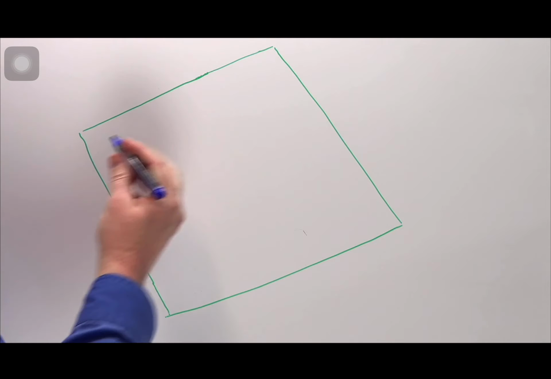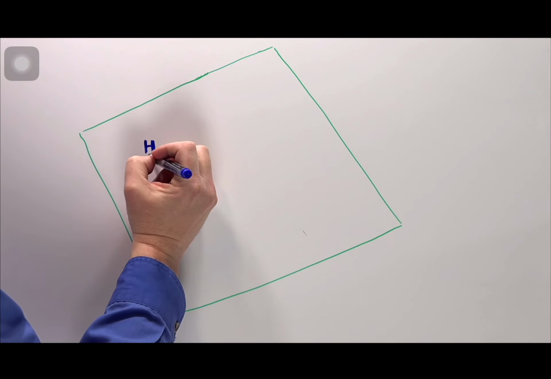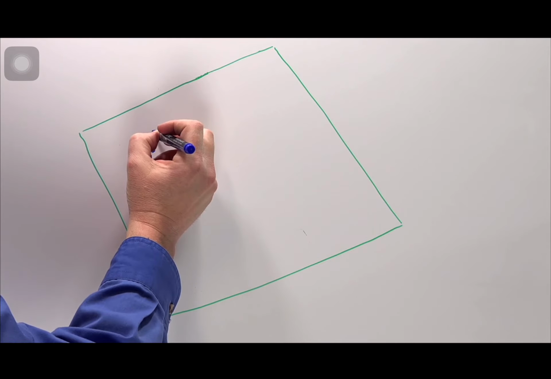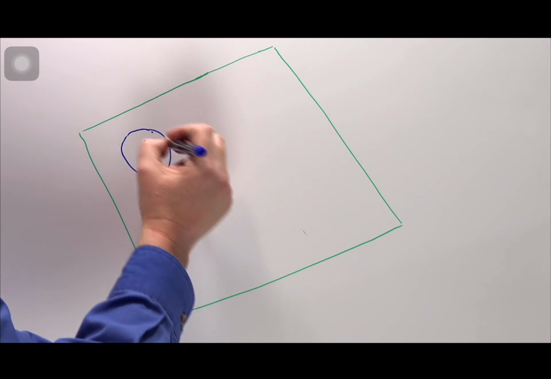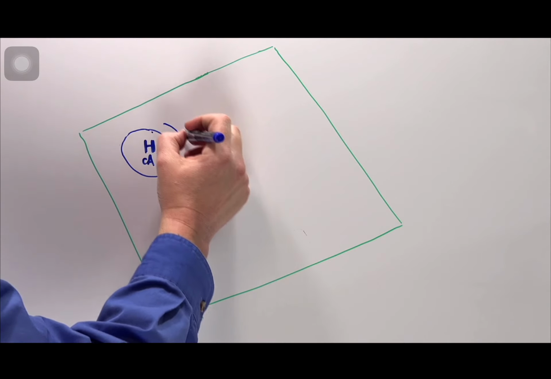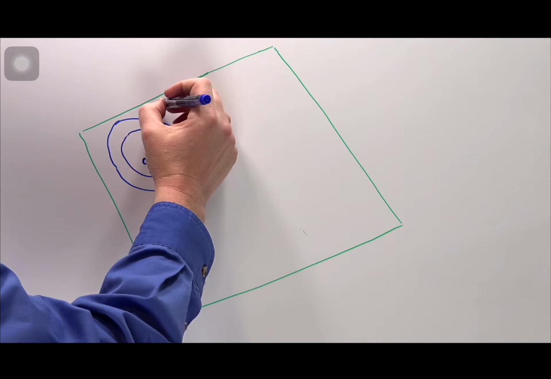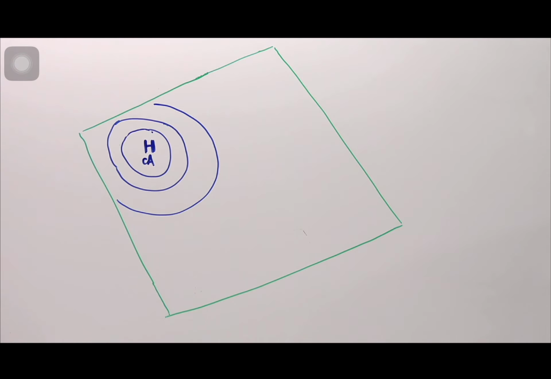Over here, I've got my cold high, continental Arctic air. And if I put too many isobars in here, it's going to get a little bit too complicated, so I'm just going to draw in a couple of isobars, maybe one more set. Okay, I think that's good enough.